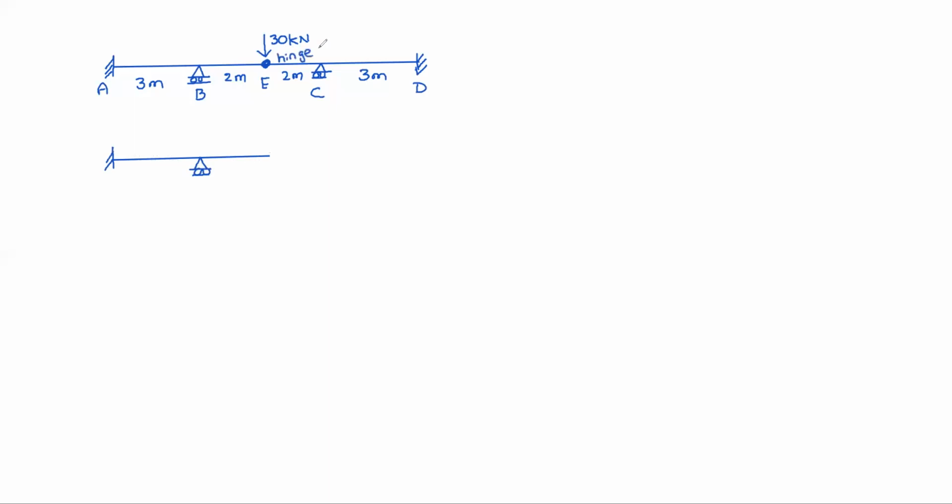At the hinge, you can see the deflection pattern. The deflection pattern is like this. At the hinge, you can observe just left slope is different, just right slope is different, and deflection is there.